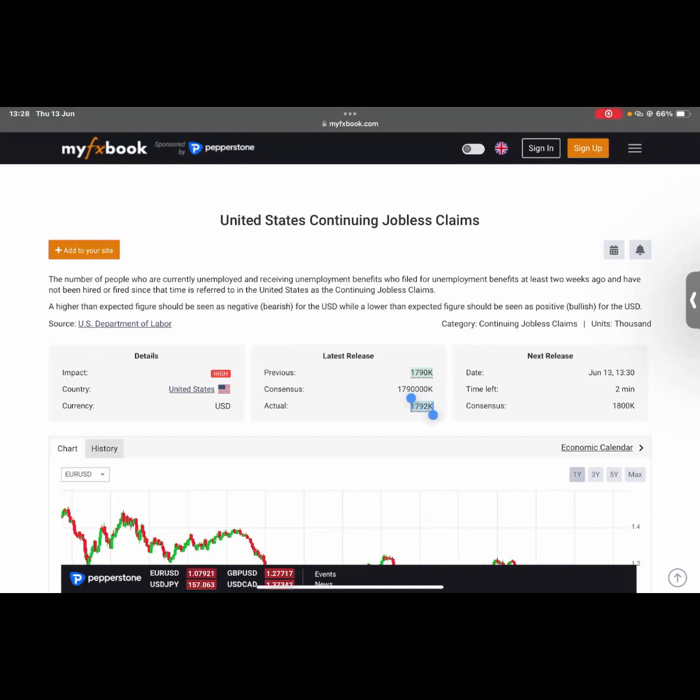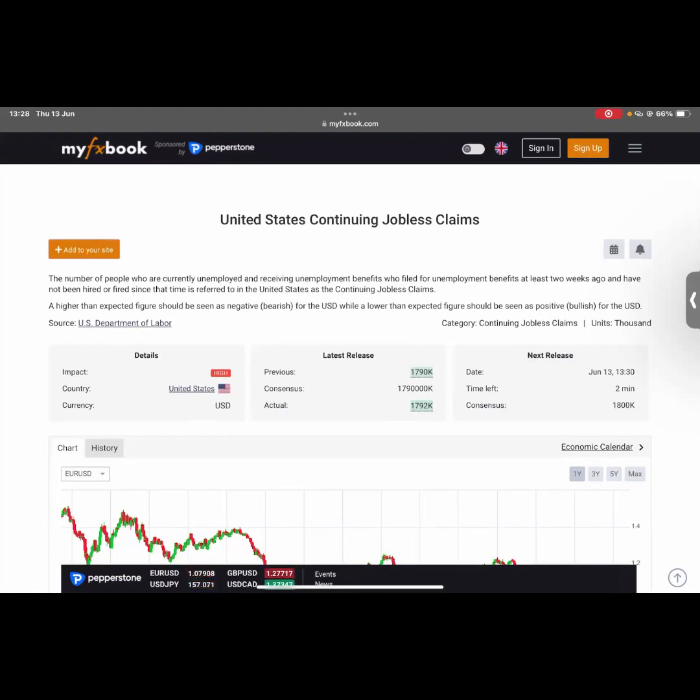These two figures: this actual figure, and this consensus. These are the two figures they are comparing. Consensus is just the anticipated figure, the figure they're anticipating to come out. But this actual is the current figure.